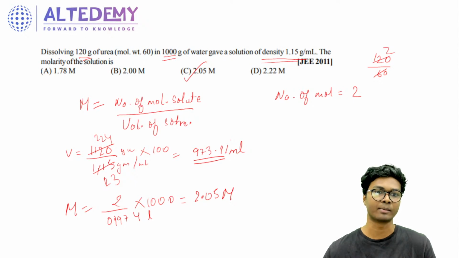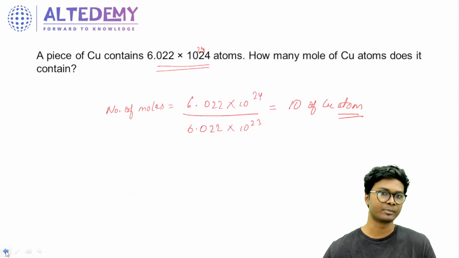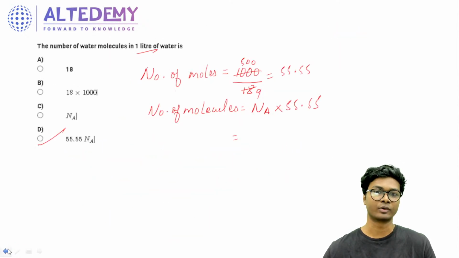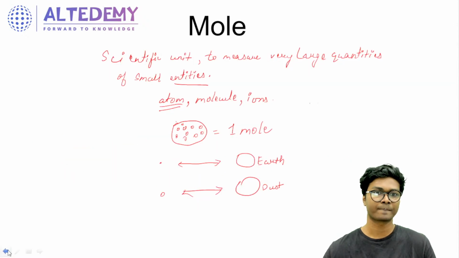The variables were number of moles and volume, and we found out the volume and the number of moles, and we divided it, and ultimately we got the molarity. Got it? So the questions were very simple. Hope you guys understood. The topic was also very simple. I tried my best so that you guys understand the topic very well.